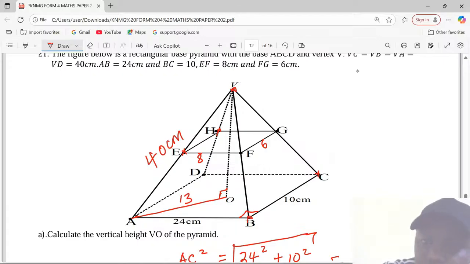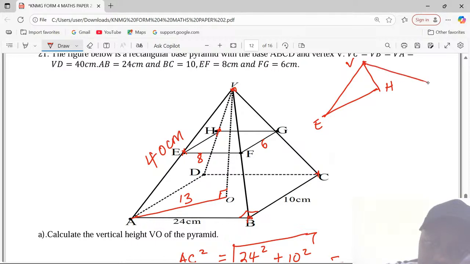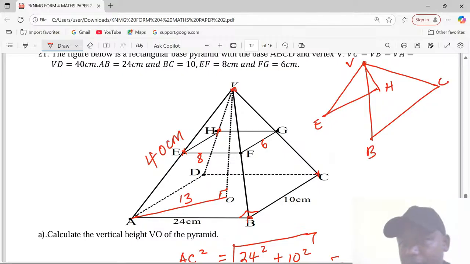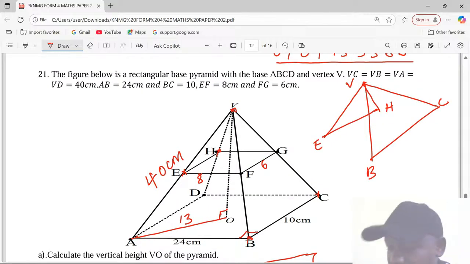The angle between the two planes: one plane is E, H, V, and the other one starts from here, B, C, V. The angle between these two planes is found by drawing a line through the middle of each, and then taking the angle between those two lines.